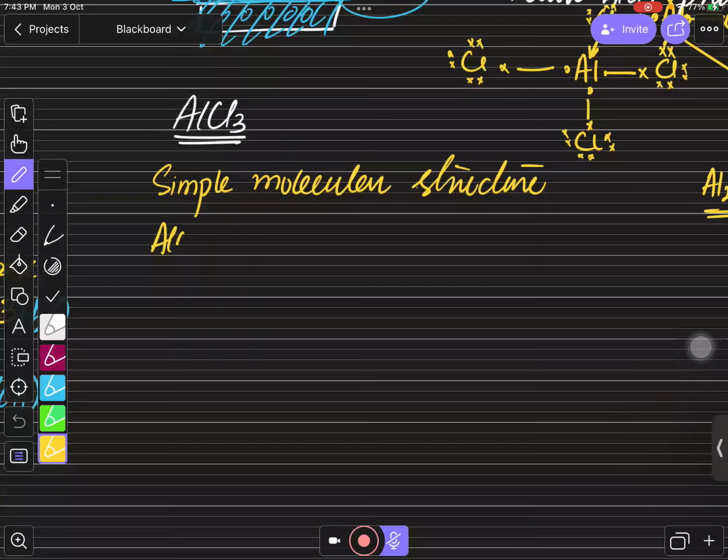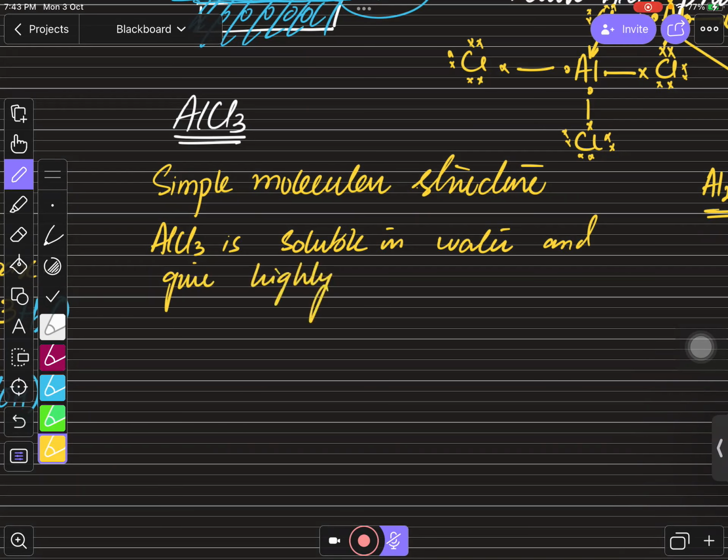It is soluble in water and gives a highly acidic solution, and the pH is 1. You can understand how acidic the solution is.